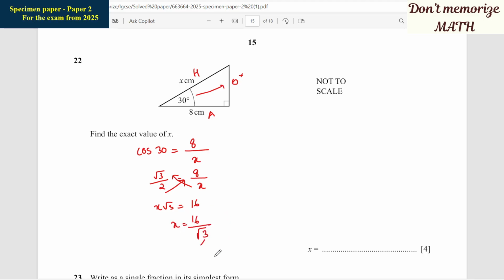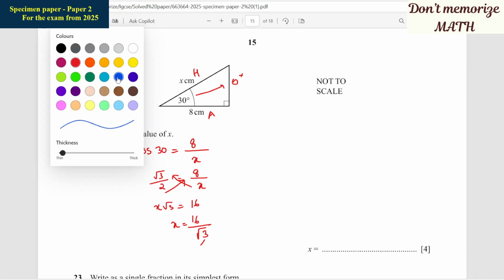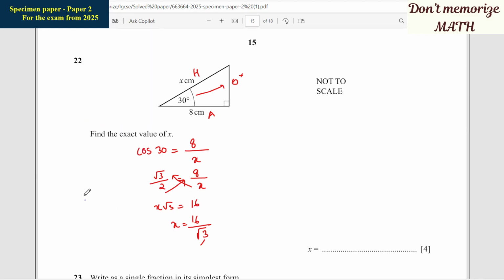It's fine if you are writing like that, but I always prefer you to change this to a normal fraction. Okay, you need to rationalize the denominator, so multiply both numerator and denominator by square root of 3. Okay, so we'll get 16 root 3 over square root of 3 times square root of 3 is 3. Okay, 16 root 3 over 3.